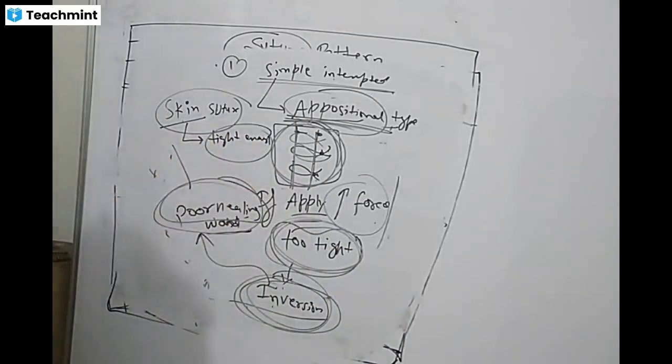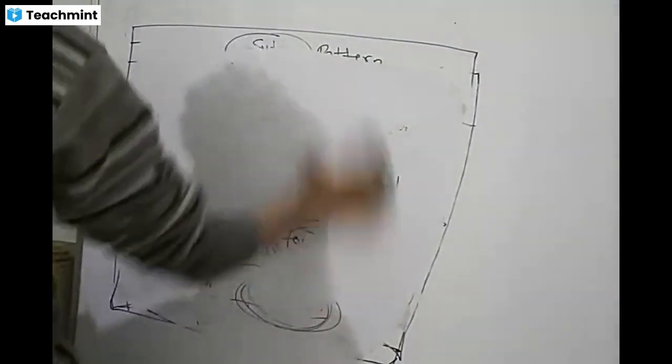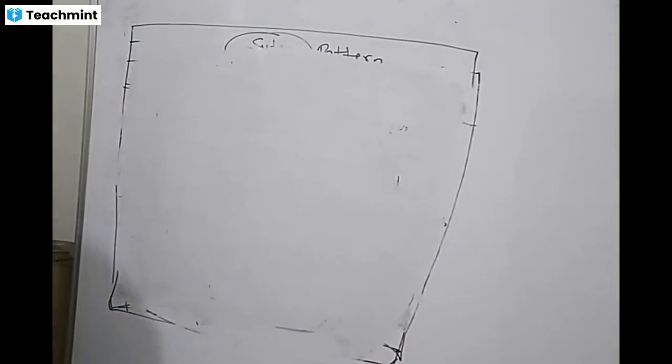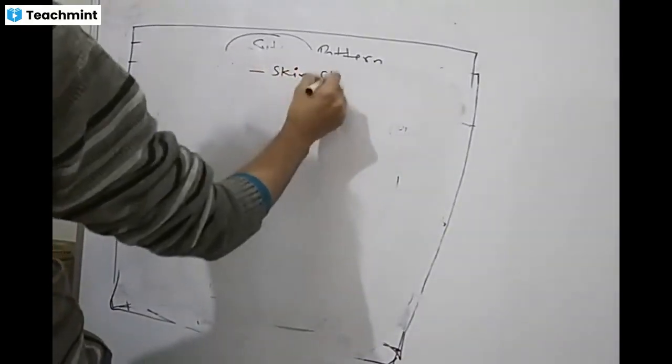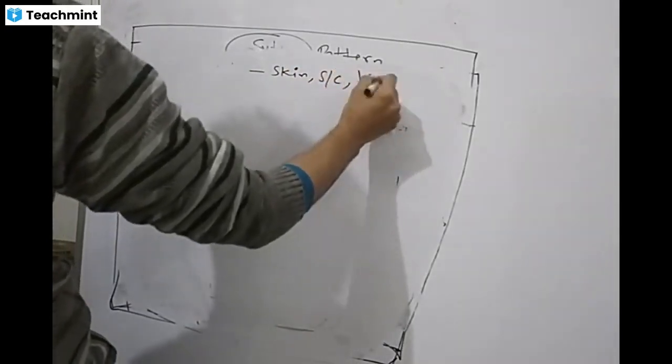So this is the disadvantage if you apply them more tightly. Normally simple interrupted sutures are your appositional type of suture pattern. These are applied in the case of skin, subcutaneous tissue, and some viscera.